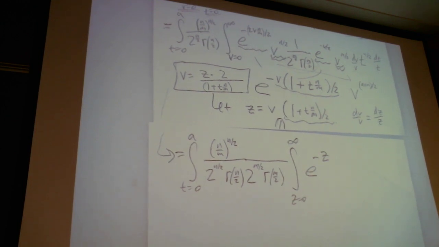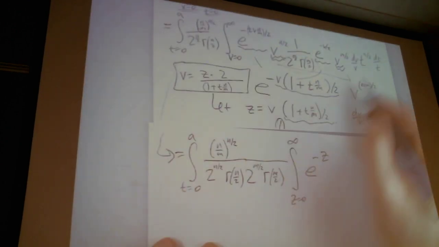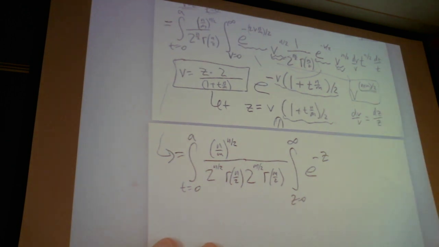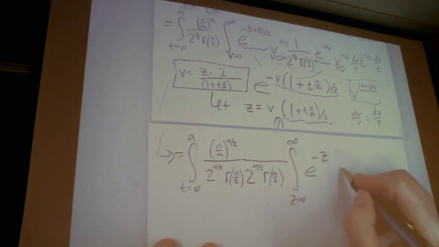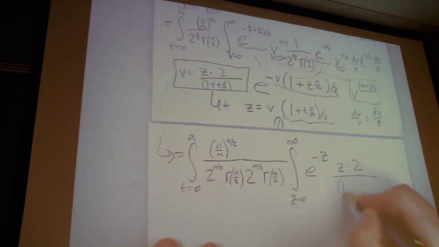So far, so good? Okay. So that's what v is, and I want that to the power n plus m over 2. So here I have a z times 2 divided by 1 plus t n over m.